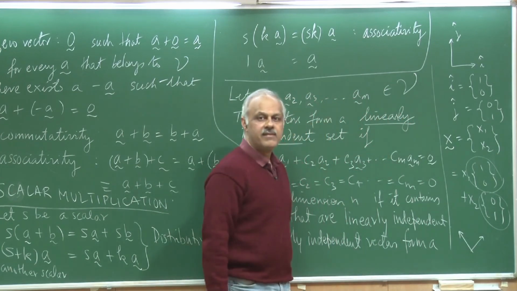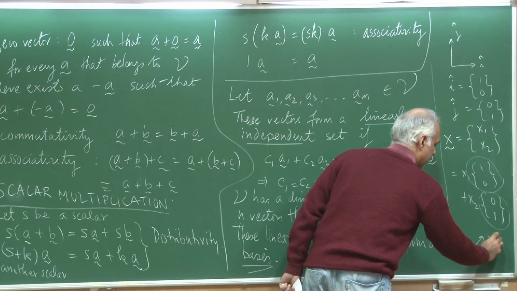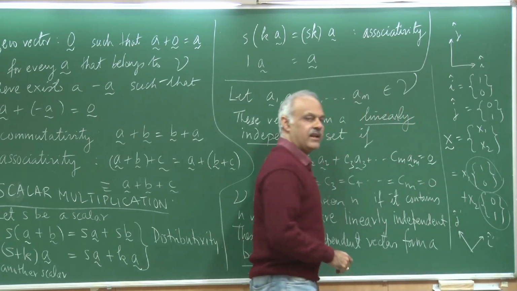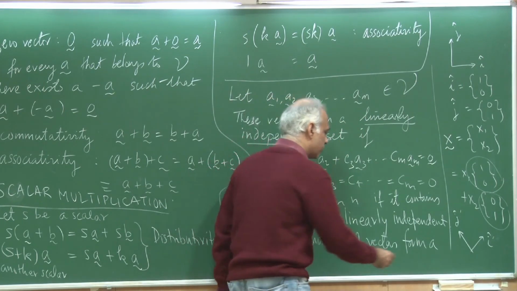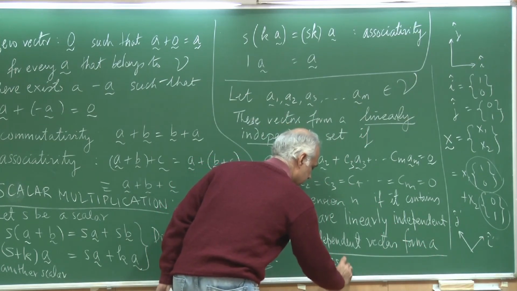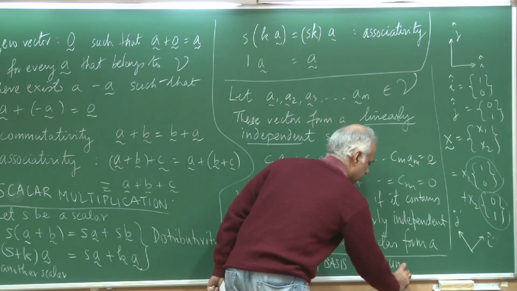So this could be something like i prime, and this could be a vector j prime, and these could form a basis as well. So I just wanted to make a note here that basis is not unique.